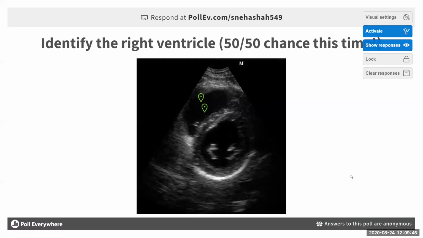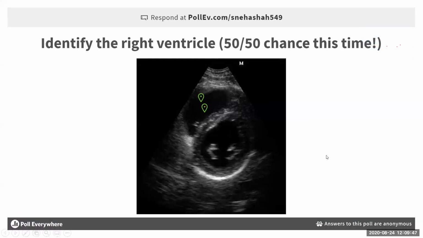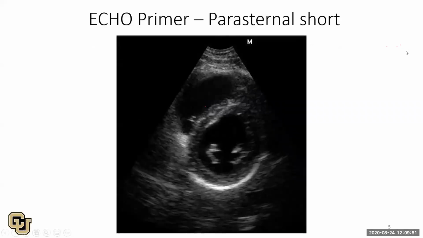All right, so correct, the people that answered are identifying the correct area. And so the right ventricle in this parasternal short axis view is correctly that chamber.